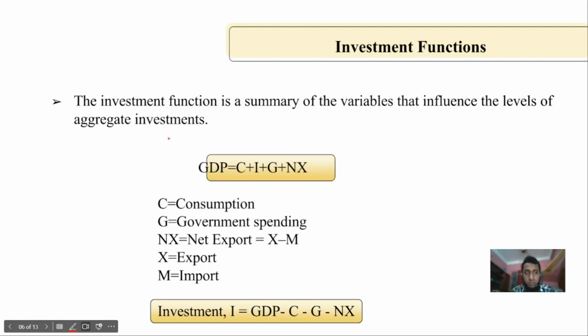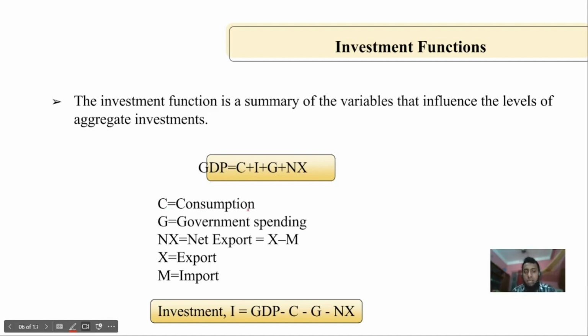Investment function. The investment function is a summary of the variables that influence the levels of aggregate investment. Here, GDP equals C plus I plus G plus NX.